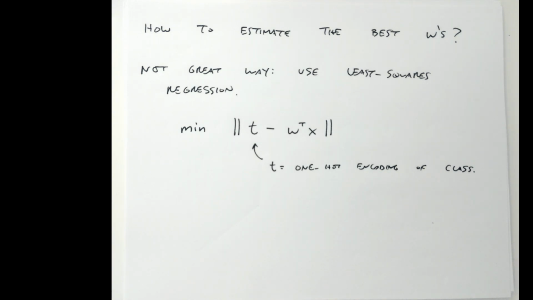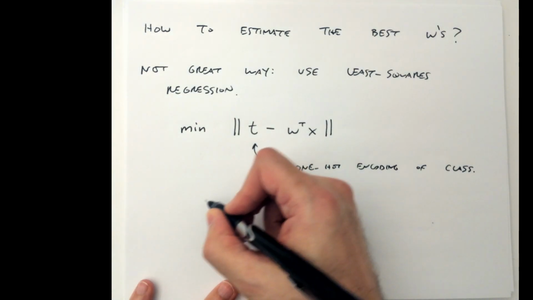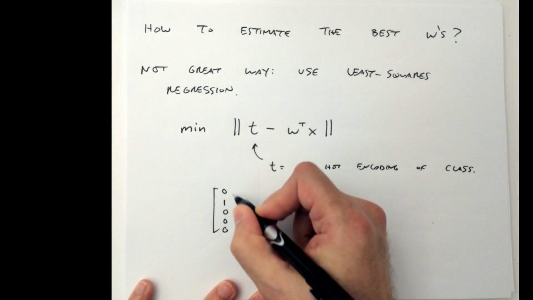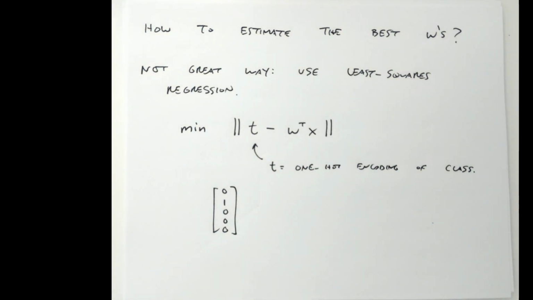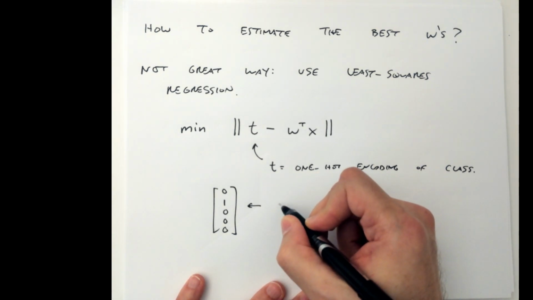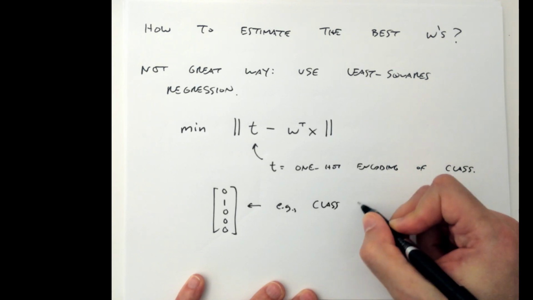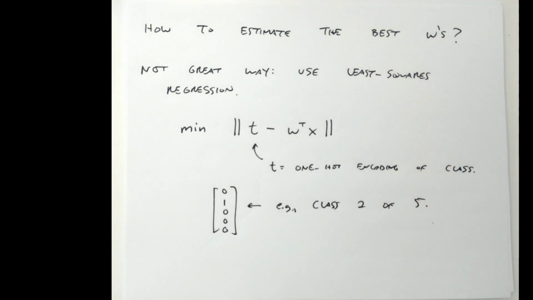That's like saying that if I have an observation that is in class 2 out of 5 classes, then my target t would be, okay, I want to predict this target, right? So this is like saying class 2 of 5.